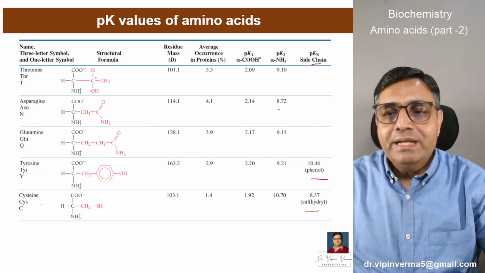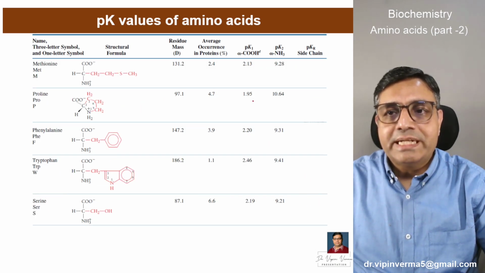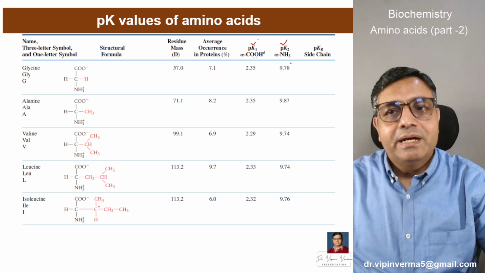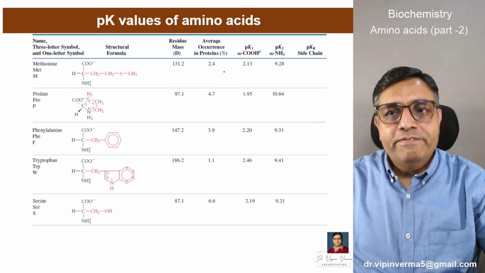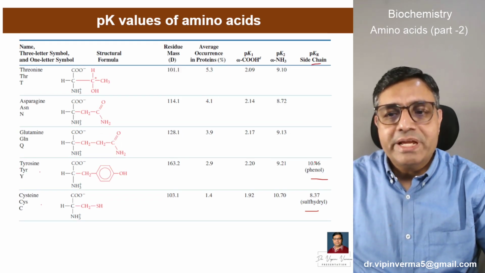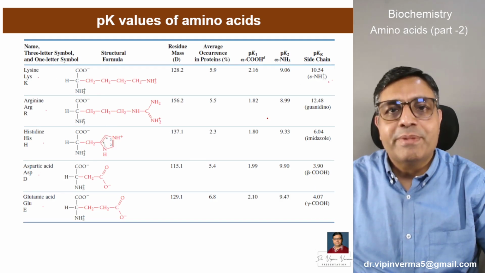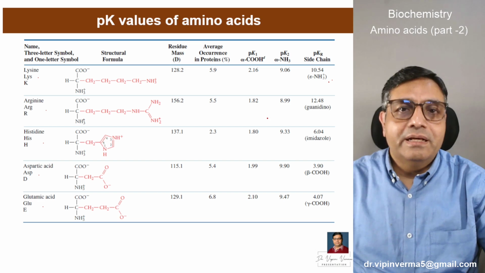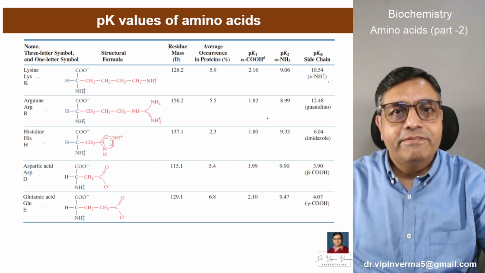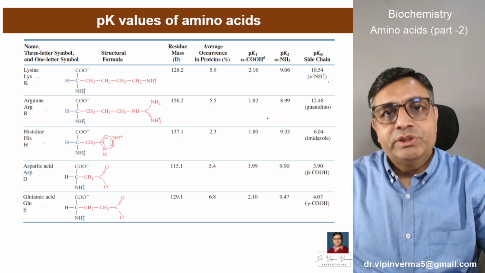All right, while such ionizable side chains are absent in other amino acids. So if we compare, we have 2 here and 5 here, so a total of 7 amino acids have ionizable R chains or R residues when they come into the polypeptide configuration.